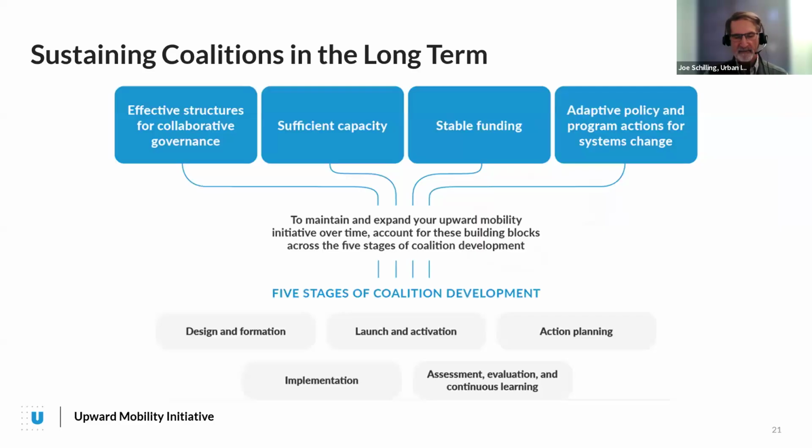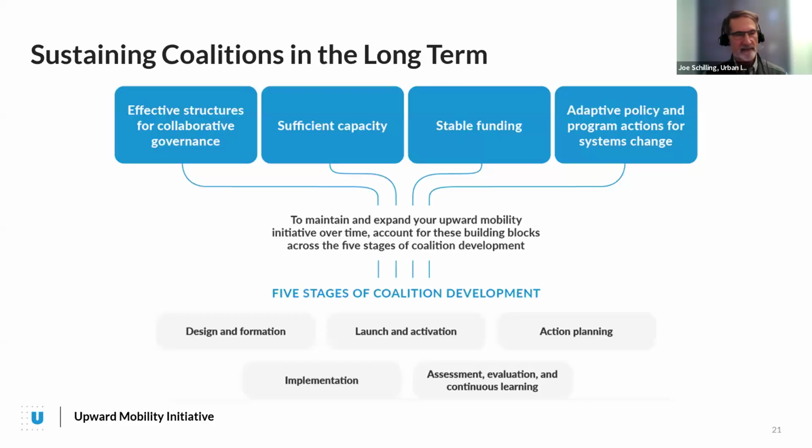It will take time, so you have to be thinking constantly about how you care and feed your upward mobility coalition. Certainly, these four building blocks: having an effective structure for collaborative governance, where you write down the rules of engagement in terms of the decisions that you make and how you make those decisions.